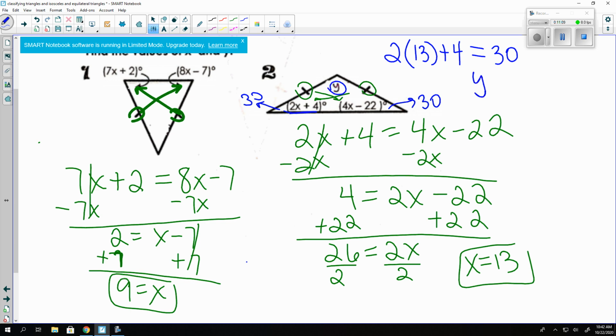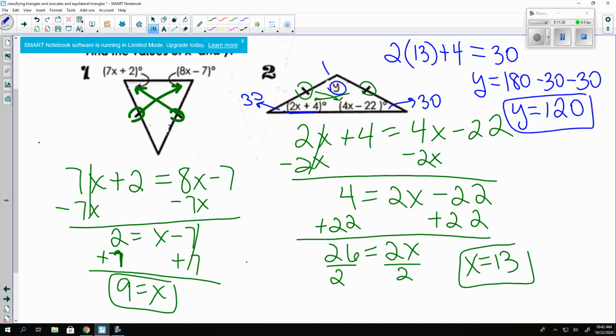Well, y is going to be equal to 180 minus these two angles, which are each 30. Okay, so what's 180 minus, and then 30 and 30 is 60. 180 minus 60 is 120. So that's how we find y. All right.